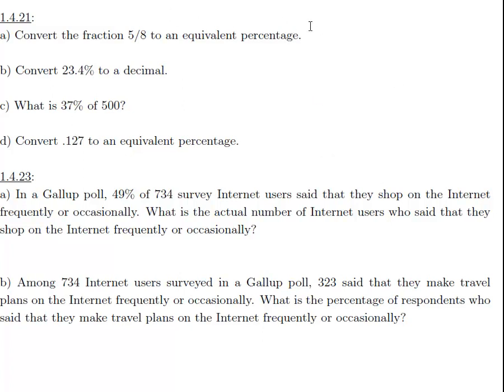And so what I want to do is make 5/8 into a decimal proportion. And that's going to be 0.625. And so the answer is 62.5%.